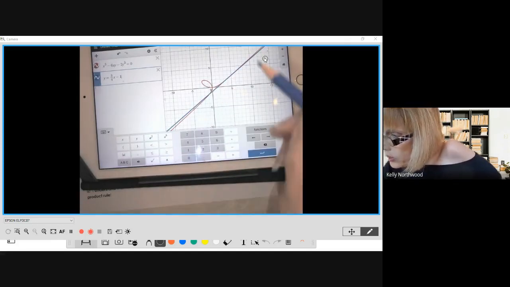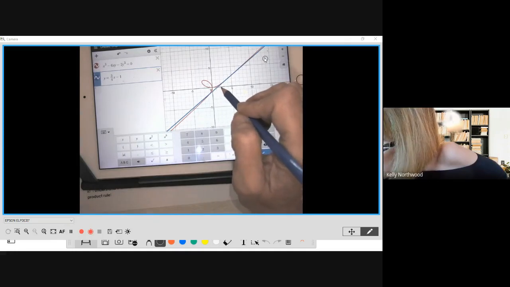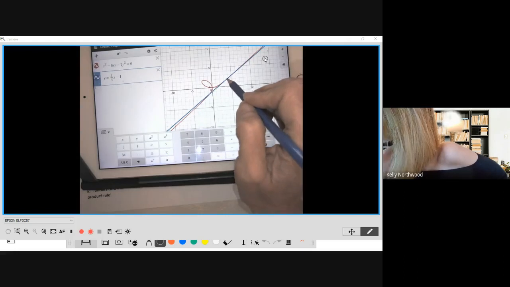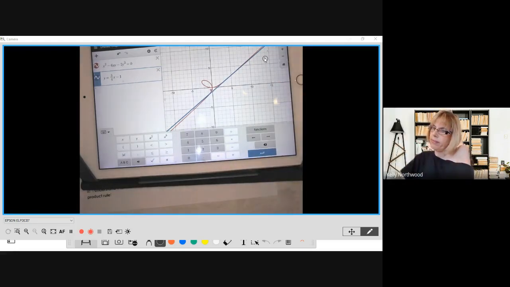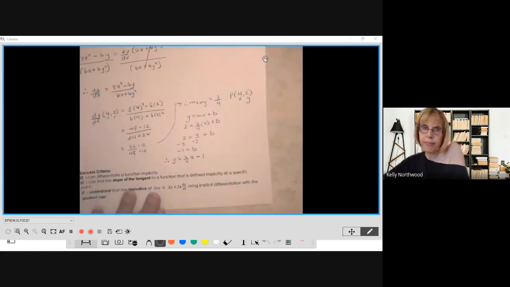It should look tangent to the curve at (4, 2), so just touching it at that spot and resembling the slope of the curve. 1, 2, 3, 4, 2, yep. So that's our correct tangent line.